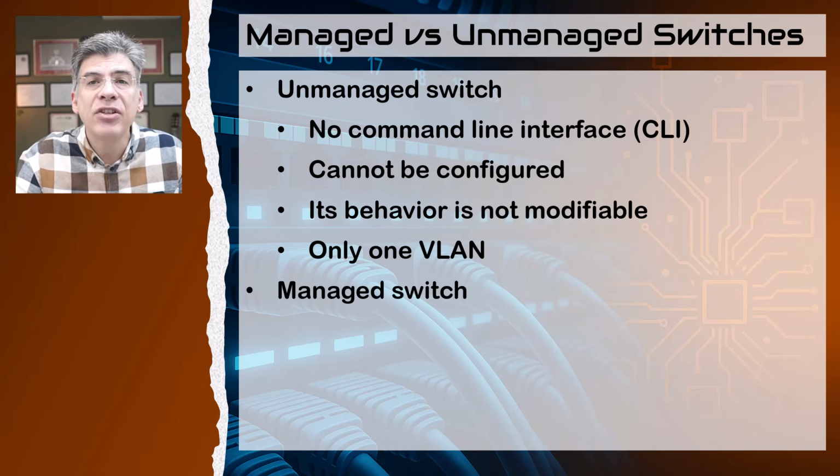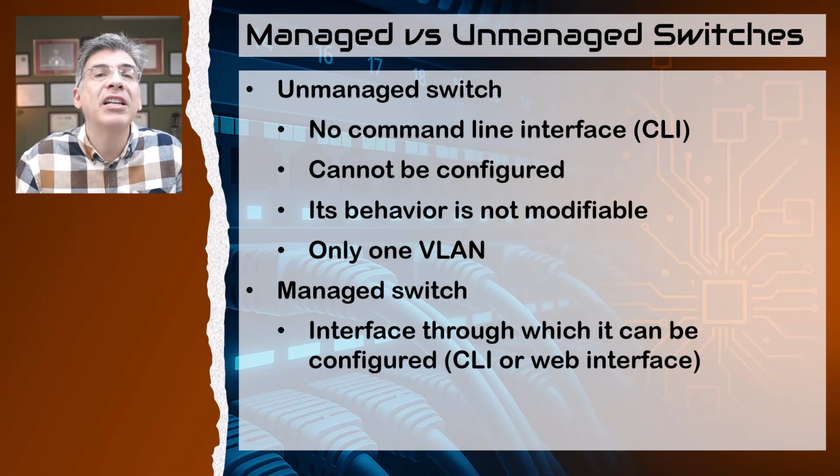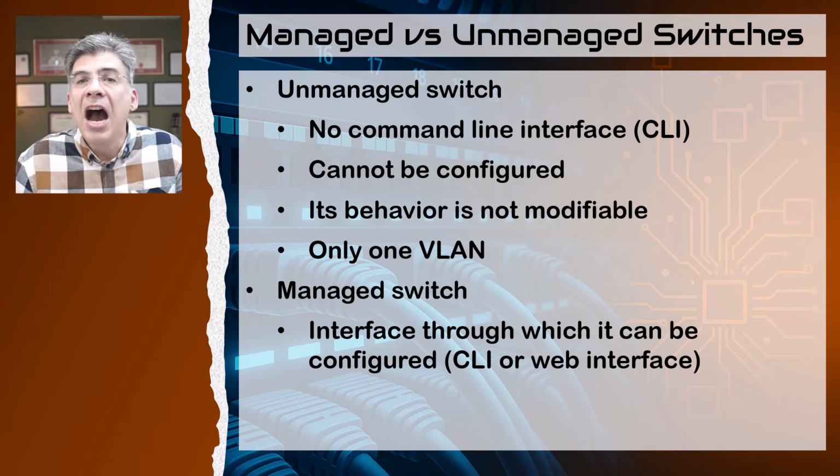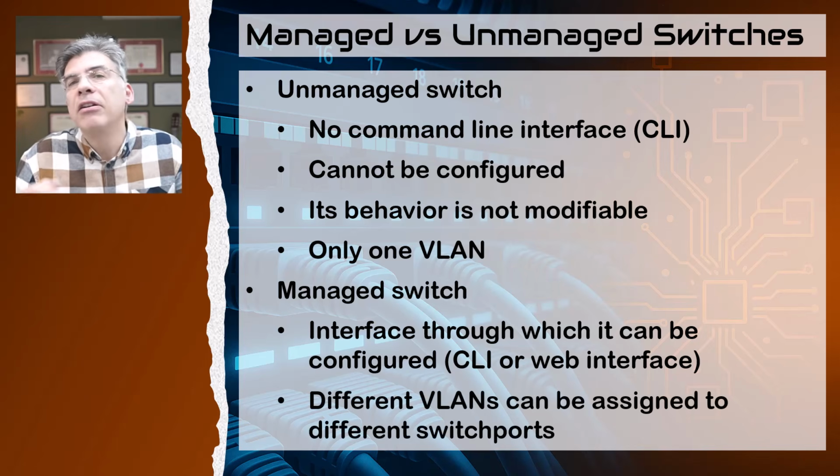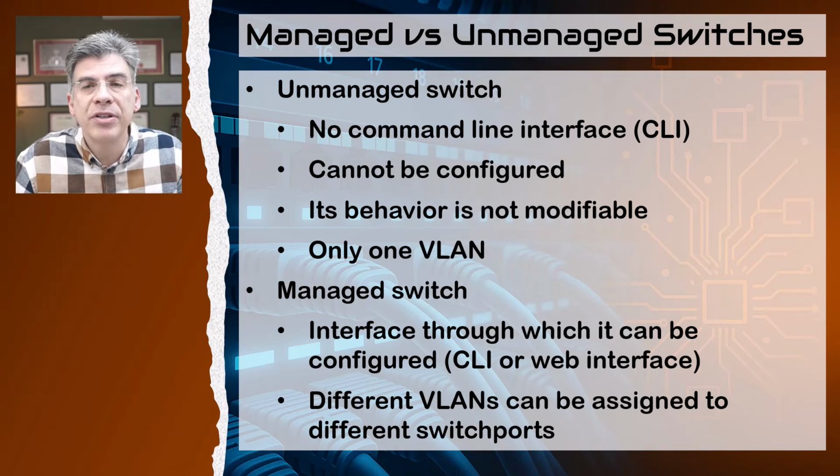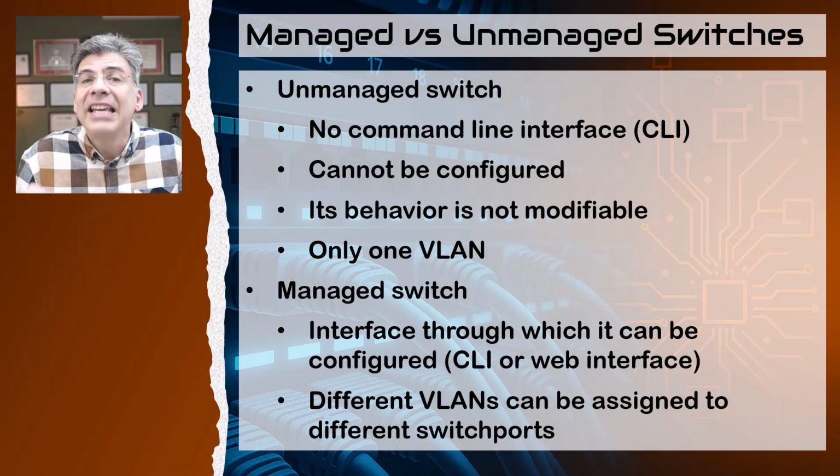Now, a managed switch is one that has an interface from which you can configure parameters on it, either a web interface or a command line interface. And through that interface, you can configure VLANs on particular ports. VLANs can only be configured on managed switches, not on unmanaged switches.